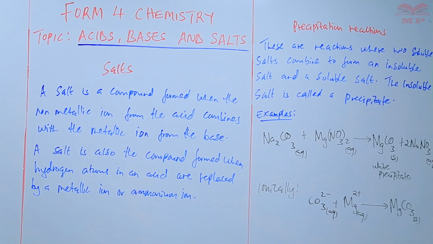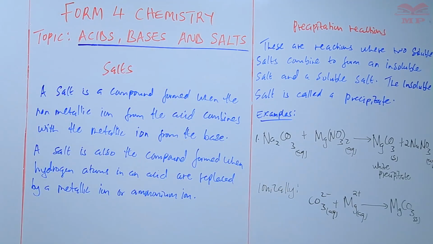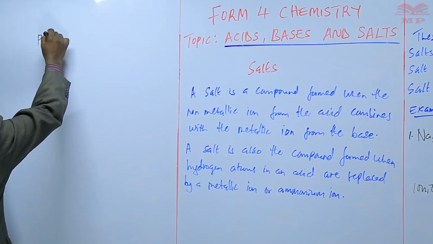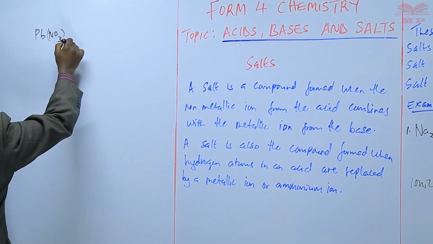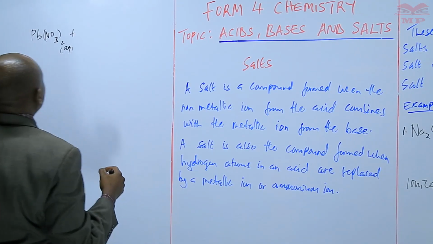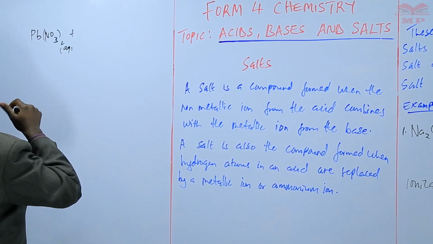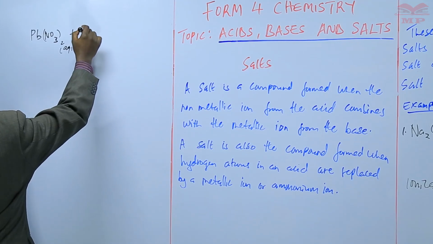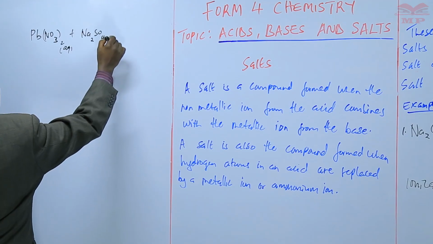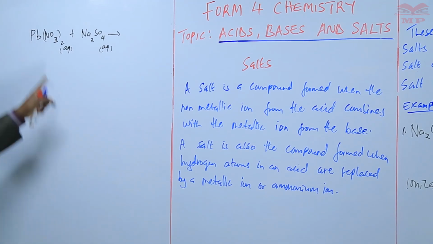So you can also take another example. We can take lead 2 nitrate, which is a solution, and this one we combine with sodium sulfate, which is also an aqueous solution, and we will get the exchange of ions happening.